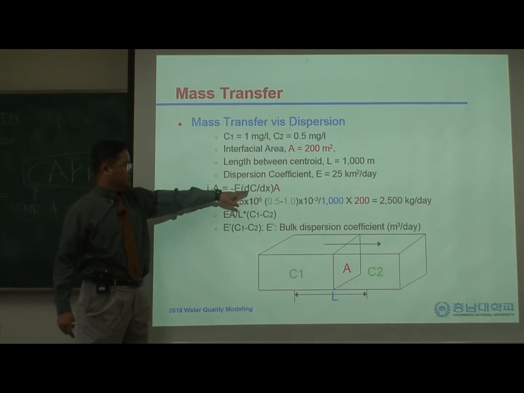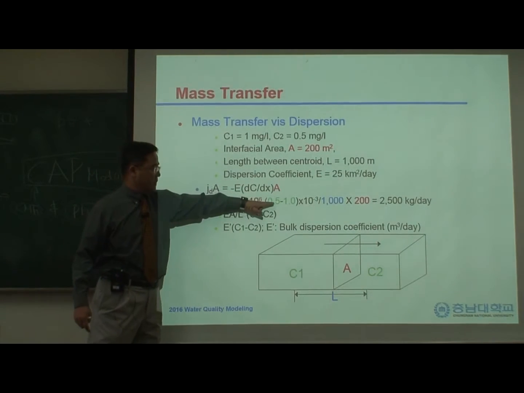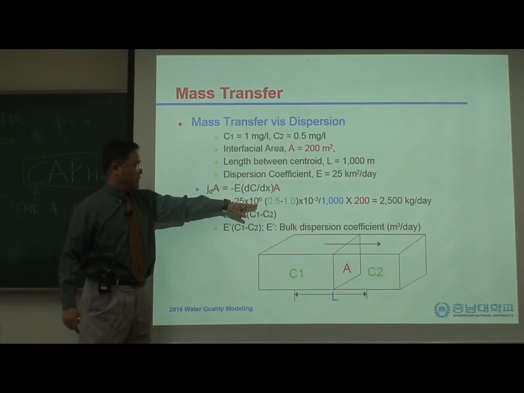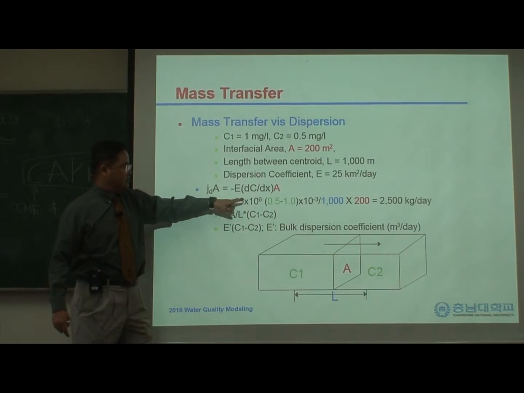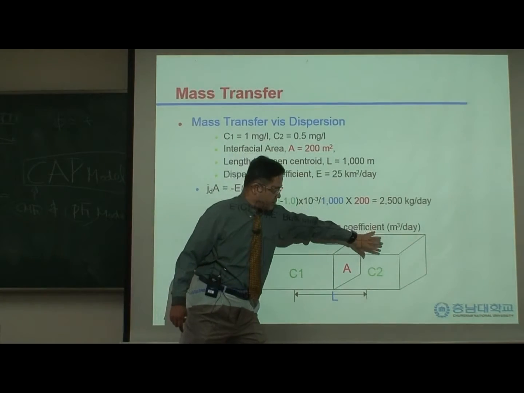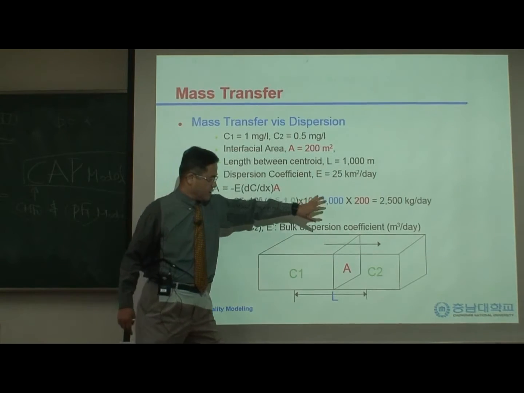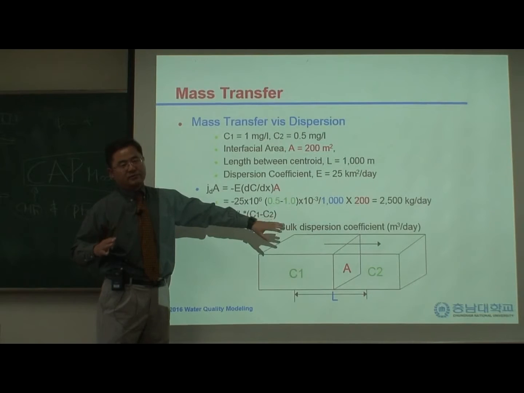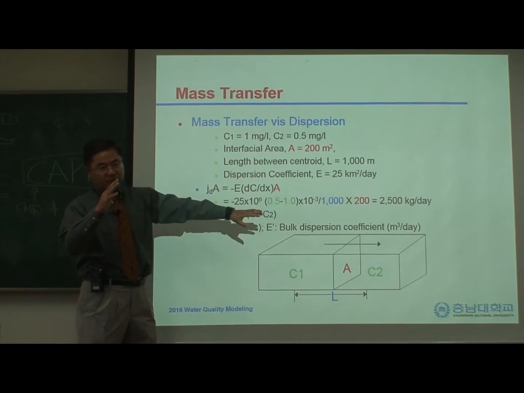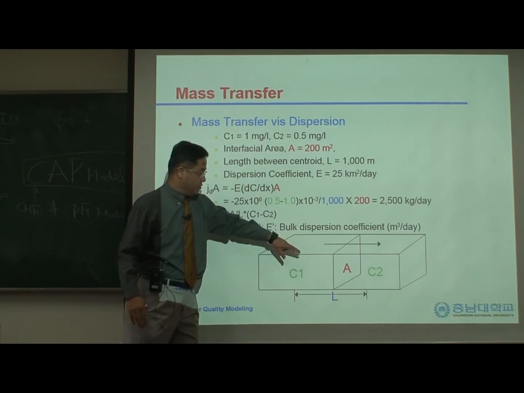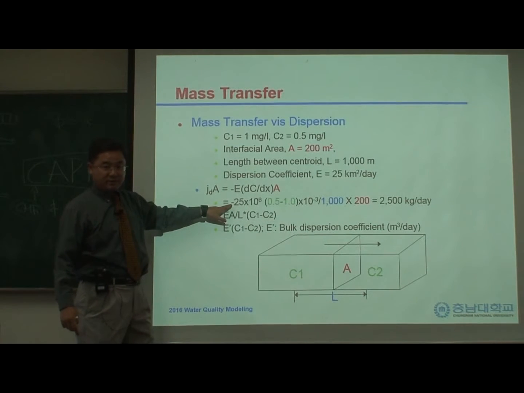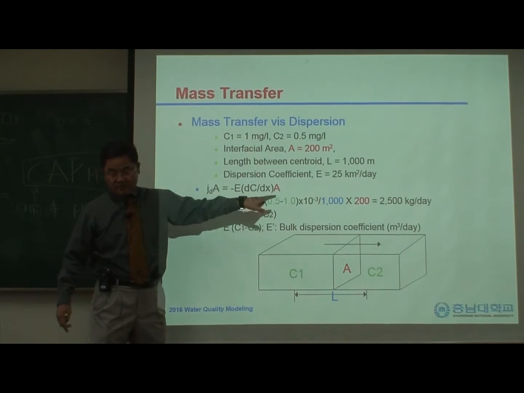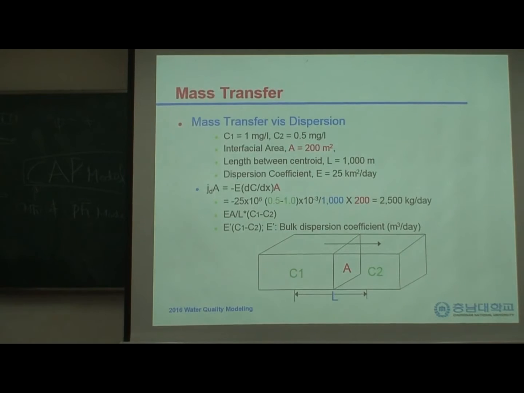We used 0.5 and 1.0, and this 0.5 is the concentration at x2, and this is x1. We usually subtract x2 minus x1, so we have a minus sign here. I want you to remember that also.